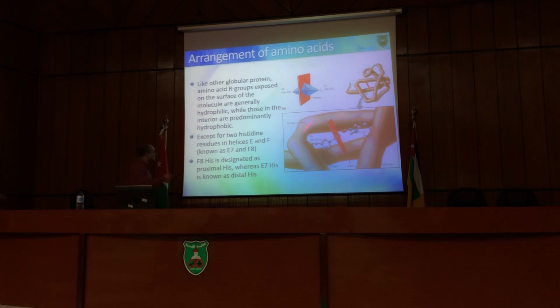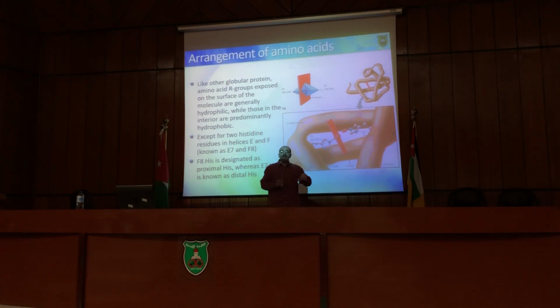Now, right inside, you have hydrophobic amino acids except for two residues, two histidines. You have one here on the F alpha helix, and you have another one right here in the E alpha helix. One is known as the proximal histidine, and the other one is known as the distal histidine, because you have one that is close to the heme, that's the proximal histidine, and you have one that is relatively far away from the heme, and it's known as the distal histidine.